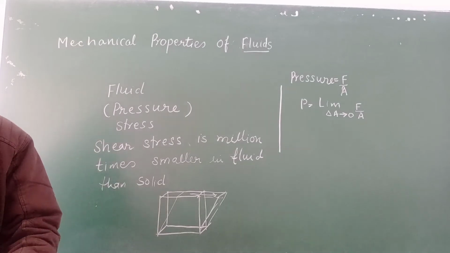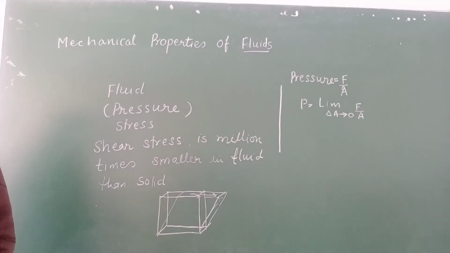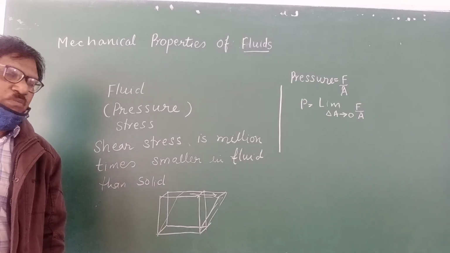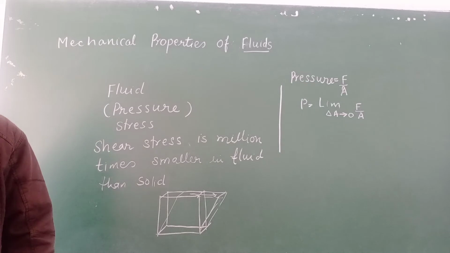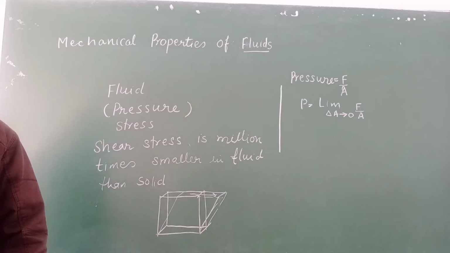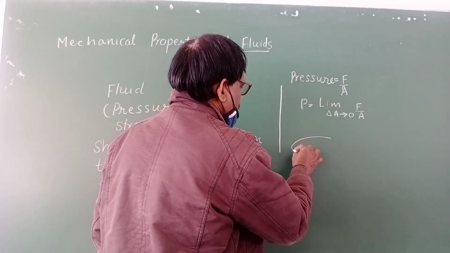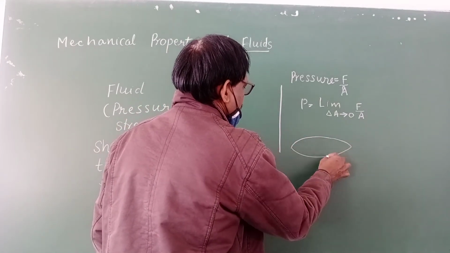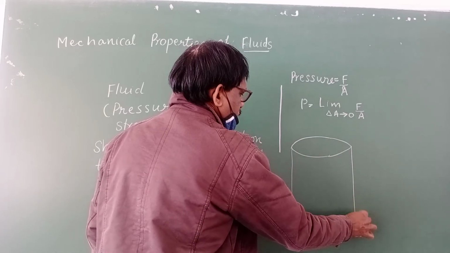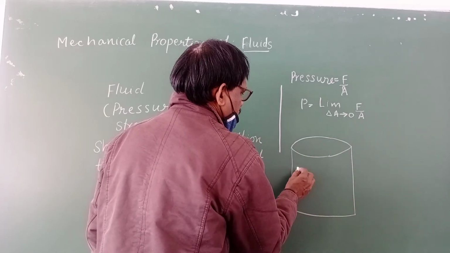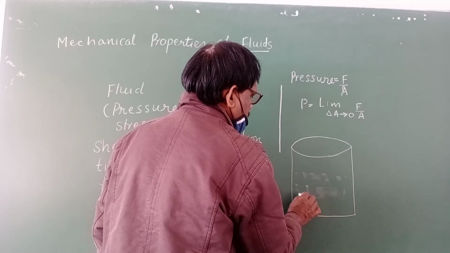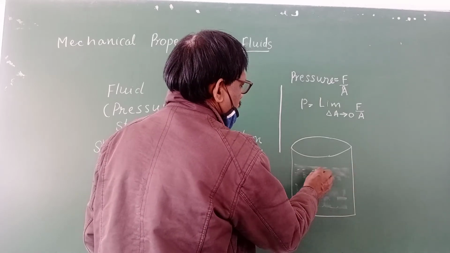Now, the normal force exerted by the liquid at any point we can measure with the help of pressure. One small device we can use to measure the pressure of a liquid. See, if you take a very big container here and we want to measure the pressure of the liquid, and say the liquid is here, how can we measure the pressure of the liquid?